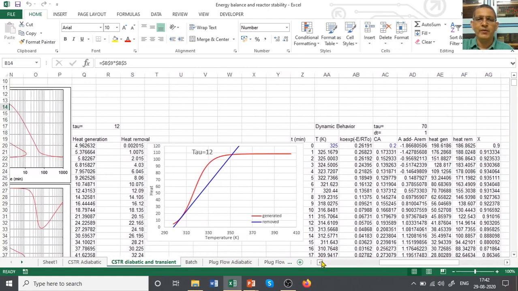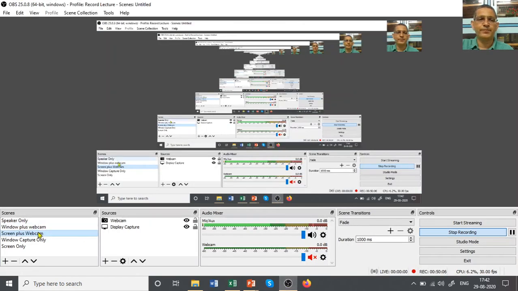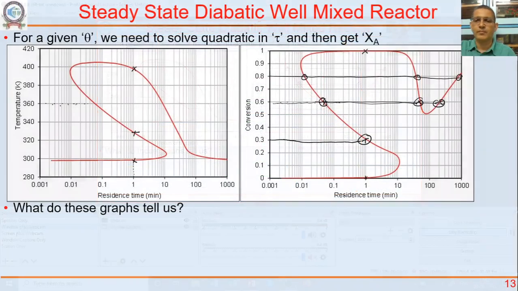And same way we can change residence time, and we can have multiple places where the heat removal rate and heat generation rate intersect each other. Do these calculations for yourself, only then you will be able to appreciate all these things.